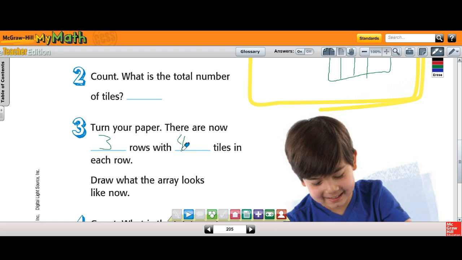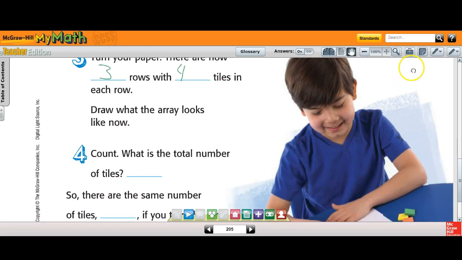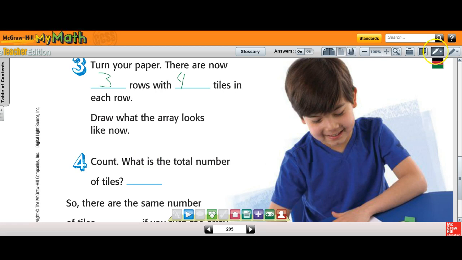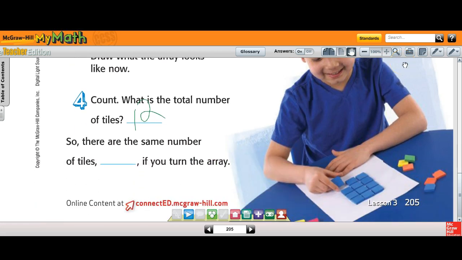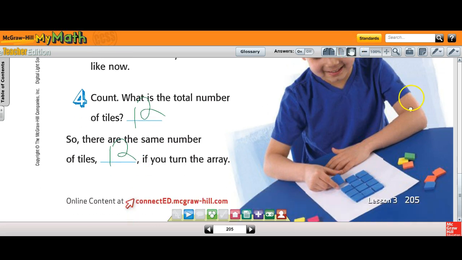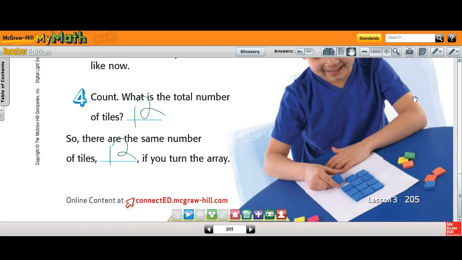So I still have how much? 12. I still have 12 total. So there are 12 tiles total. And this is what they were basically trying to explain, this is what they really wanted.